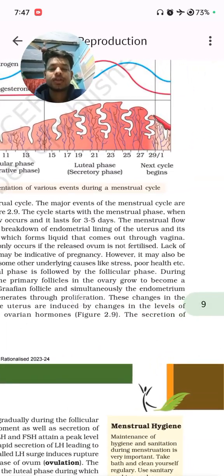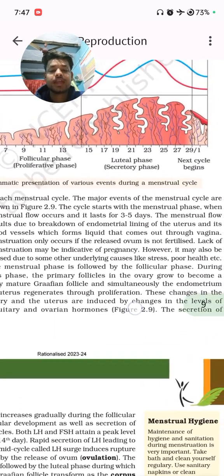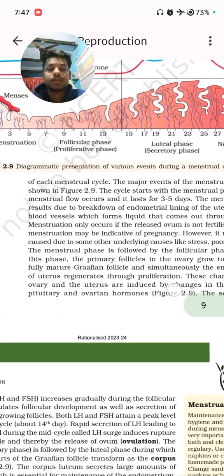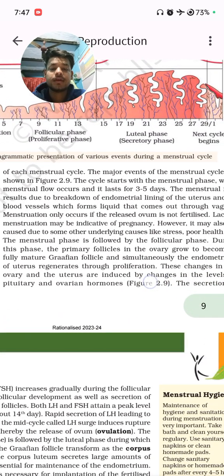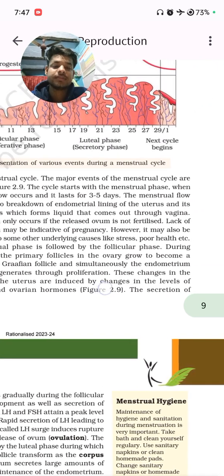The major events of the menstrual cycle are shown in Figure 2.9. The cycle starts with the menstrual phase, when the menstrual flow occurs, and it lasts for 3 to 5 days.